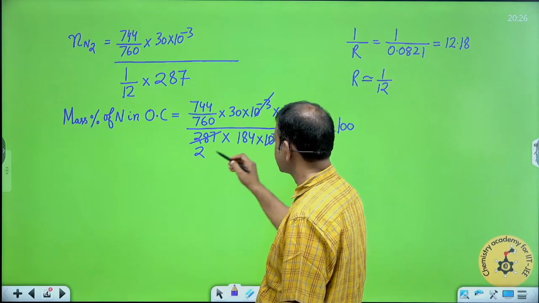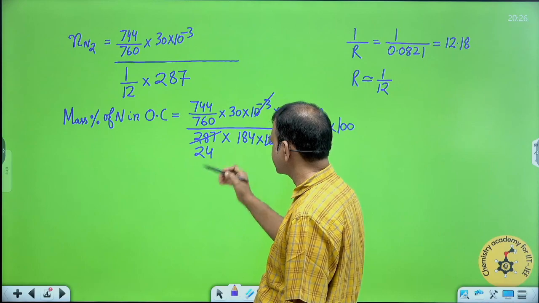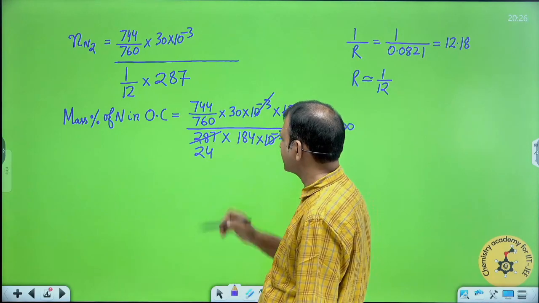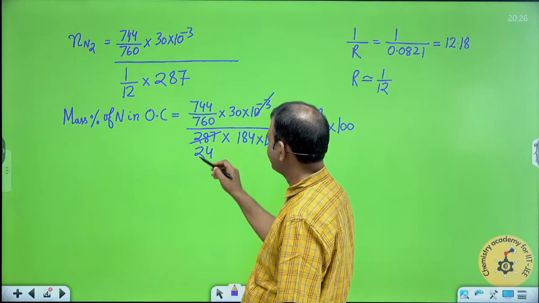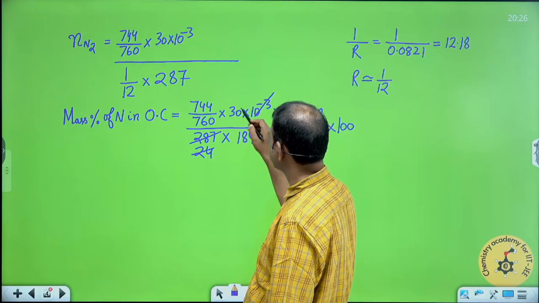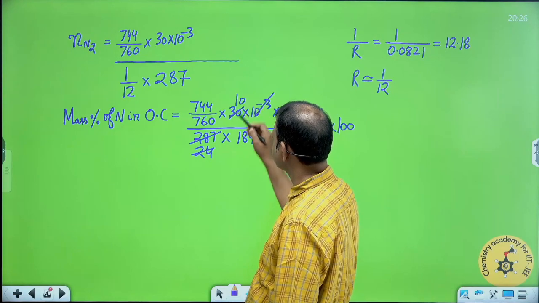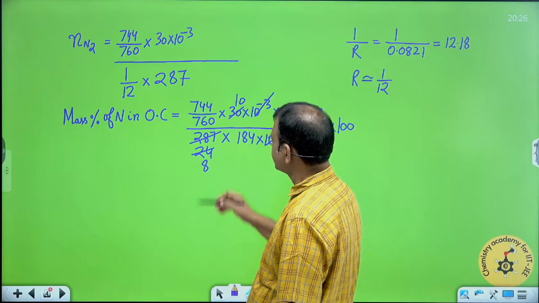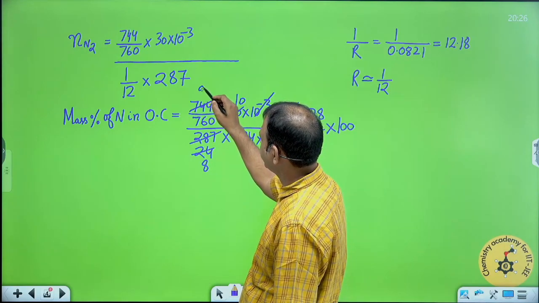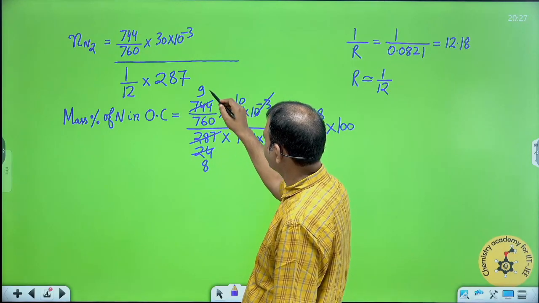The difference is very small. 12 4 times is 48. So it is approximately 24. Or we can divide 744 and 24 by 8 because this will be 10 and this will become 8, right? So 744 by 8. So this will go 9 times, 72 and then 24, 93.